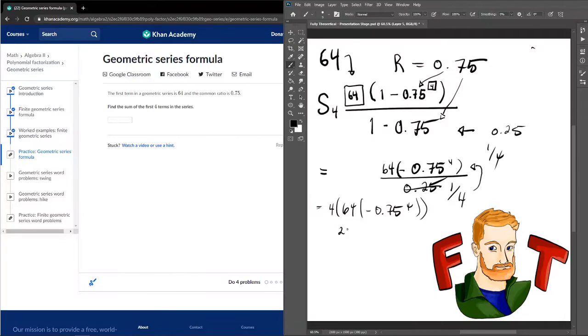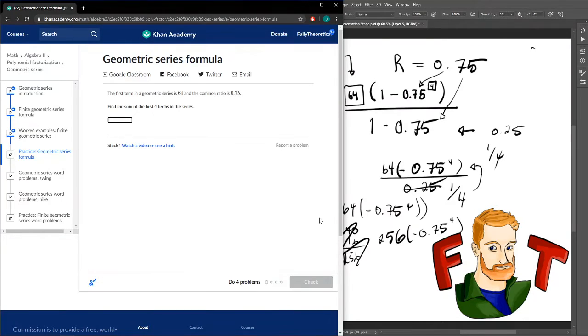So 240 plus 4 times 4 is 16. Okay. So 256. I should have gotten that one. So we have 256 times negative 0.75 to the fourth. Let's see what they like about that, if anything.